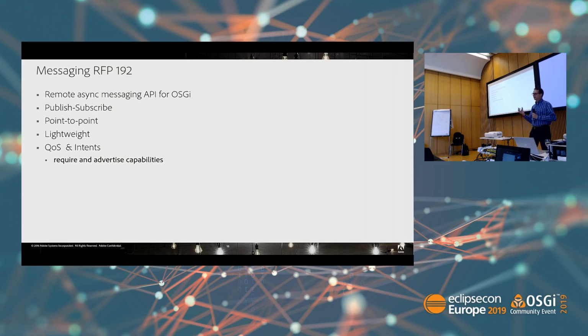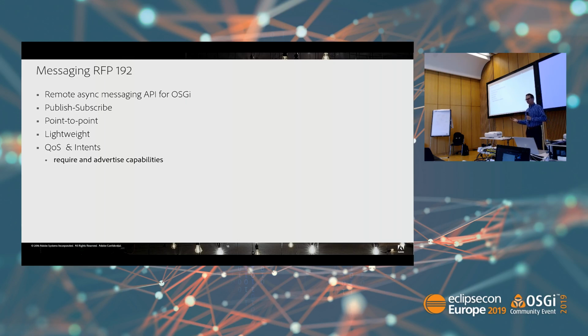At the same time, the idea is that this RFP has to be lightweight so that it also applies to the IoT expert group. This is one thing that I think is worth mentioning. In OSGi, we have a bunch of different expert groups. We have the enterprise expert group, but we also have the core platform expert group and the IoT expert group. In the past, we had other ones like residential and vehicle.